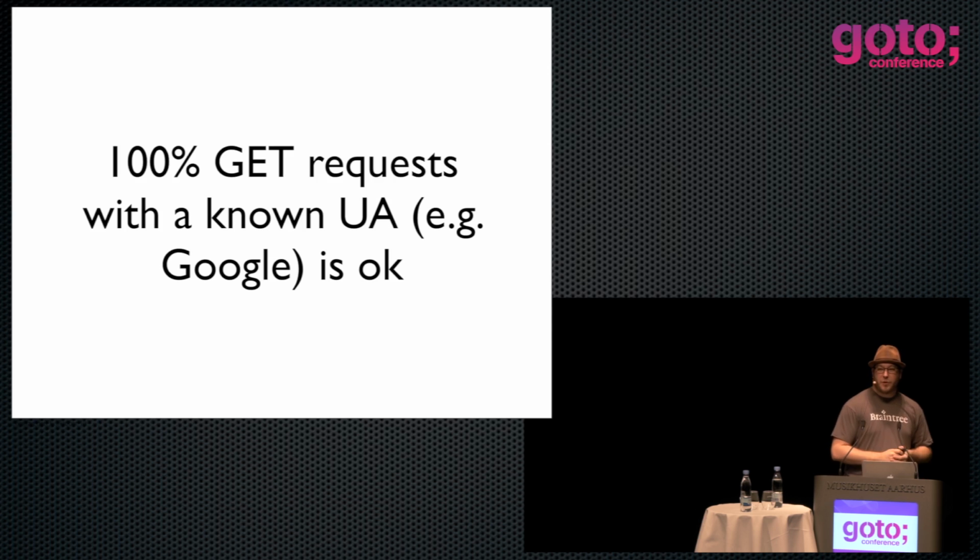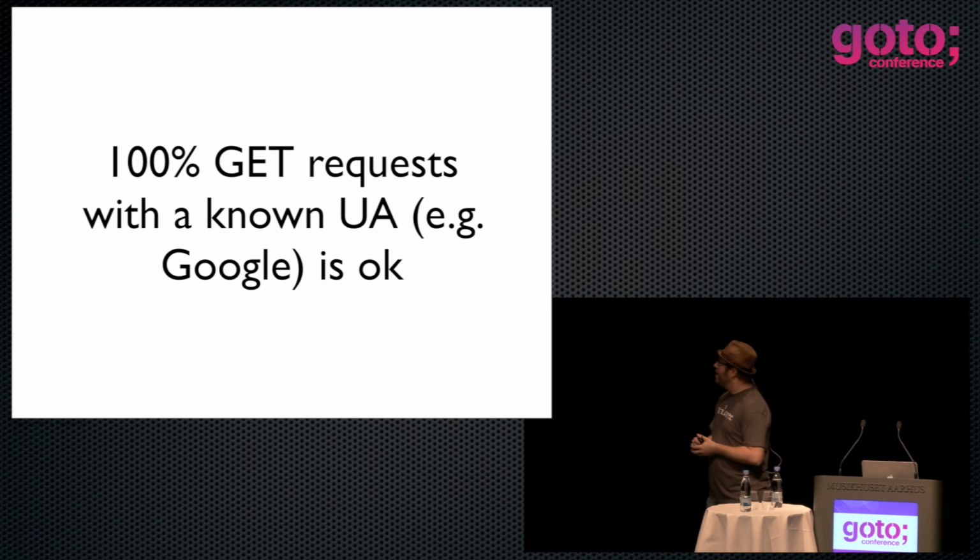For example, the Googlebot. We love the Googlebot. It makes us popular in search engines, or Bing, Yahoo, whatever, right? We want that to succeed. We don't want to block that. But its behavior is not the same as everybody else's. It's basically a bunch of GET requests. But you can look at the user agent. It says Googlebot. You can look at the header order of the Googlebot, which is very important, and make sure it matches.